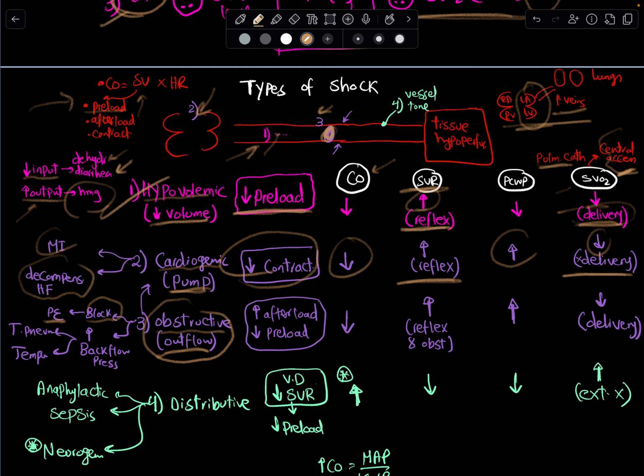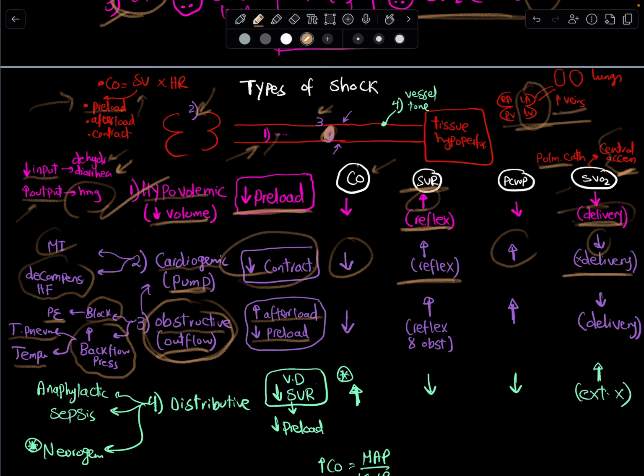Then the other part is an increase in the backflow pressure, which you can see in tension pneumothorax or cardiac tamponade. Those are the different pathologies that can cause obstructive shock. And in obstructive shock, you have an increase in the afterload because you are pushing against higher pressure, whether you have PE, tamponade, all these different scenarios.